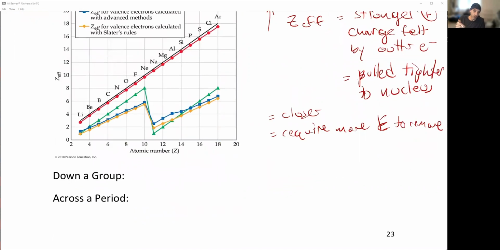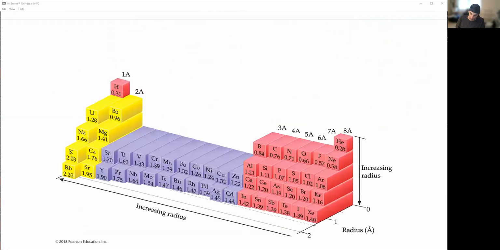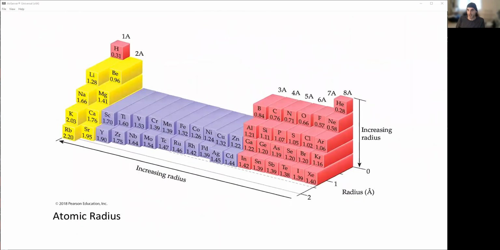Down a group, I will just tell you the rules are essentially it remains constant, but across the period, we actually see an increase in Z effective. So Z effective is not really a trend that we worry about much. What we really look at is things like atomic radius. I'm going to end it here and we'll start this again in the second video.